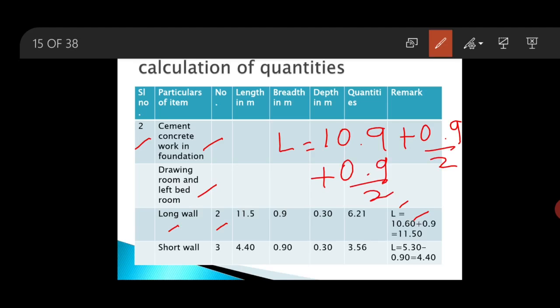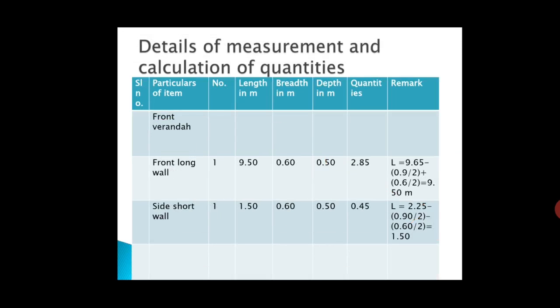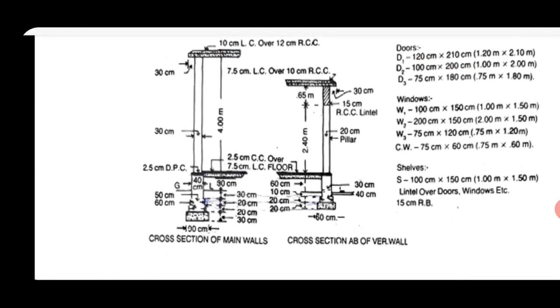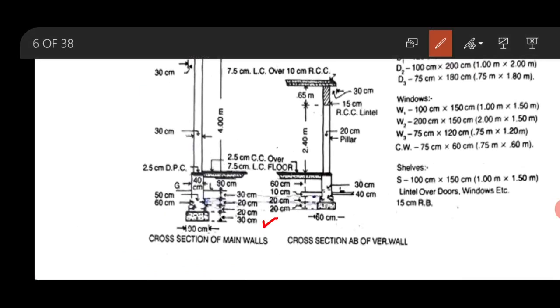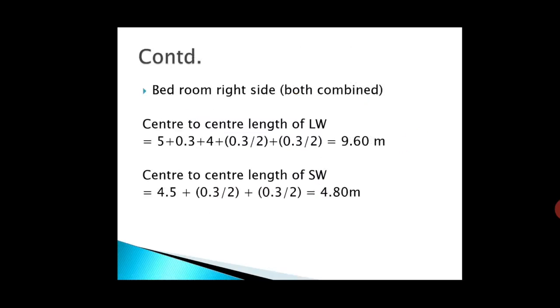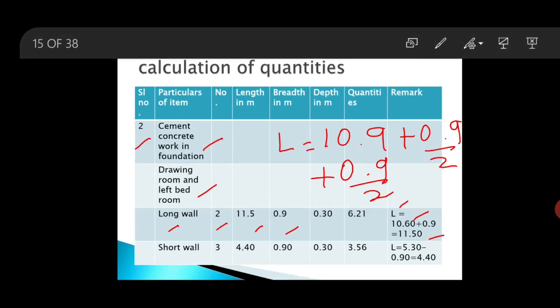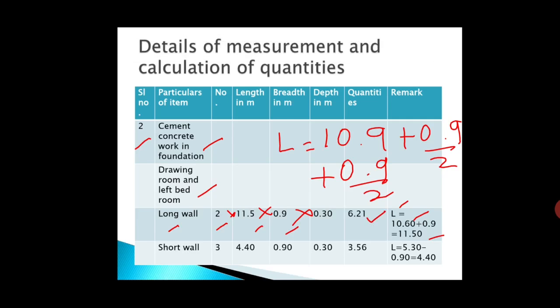So this will be 11.5, breadth is 0.9, and depth is the thickness of the concrete work, which is 30 centimeter. By multiplying this we get the total quantity of long wall for the first part as 6.21 cubic meter.